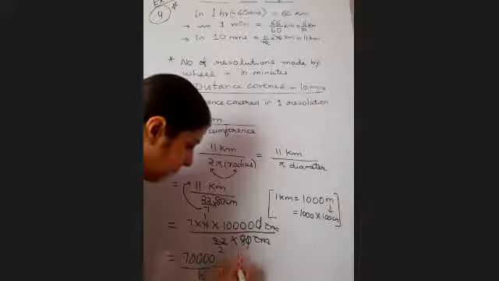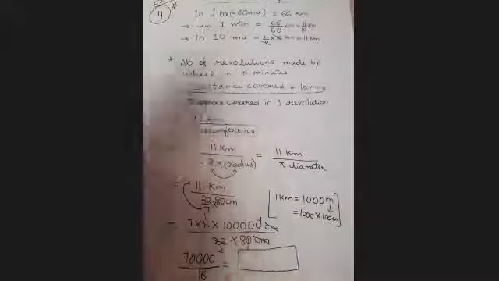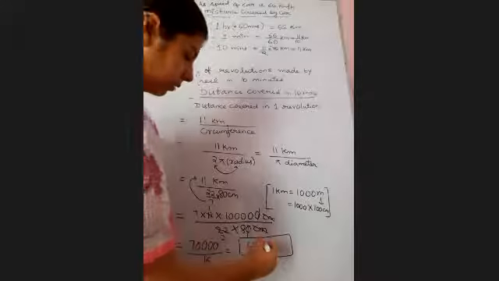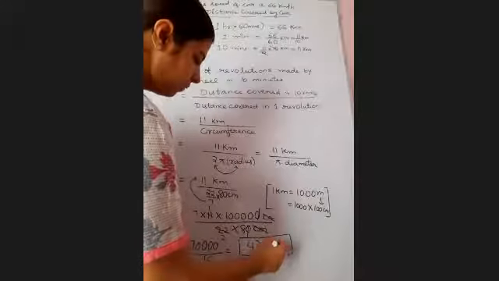Kindly divide and let me know what the answer is. It is 4375. Children, do you realize that if you are moving your car for 10 minutes, this many thousand times the wheel is actually moving, right? All right. Thank you.